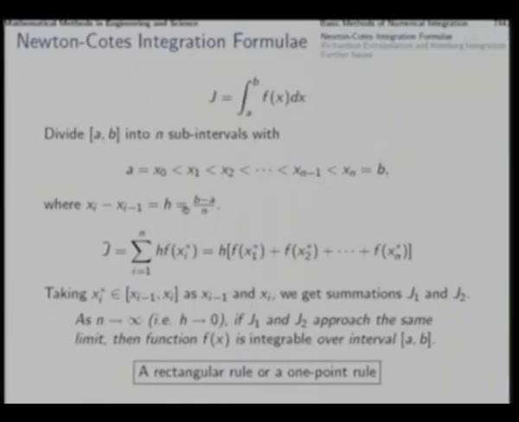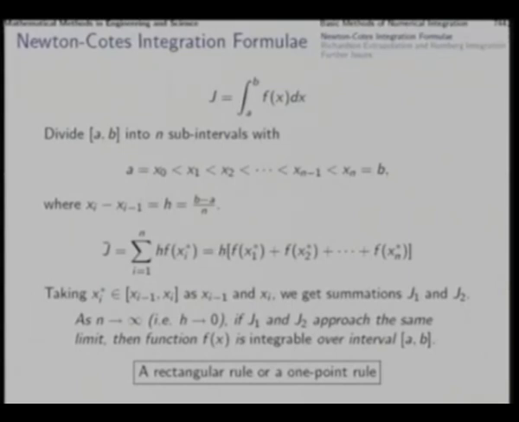Now, an estimate of the integral you can find by taking one point from every interval and summing up the function values over all the intervals. That is, one point from the first interval, one point from the second interval, one point from the third interval, and so on. And if you sum up these and multiply with h, then you get one estimate of the integral.